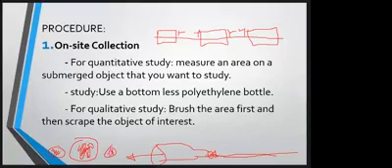All you have to do is brush the area and then scrape it. You brush it first to smoothen the surface, and then you scrape it, so it is easier to remove the species that live within this kind of habitat.